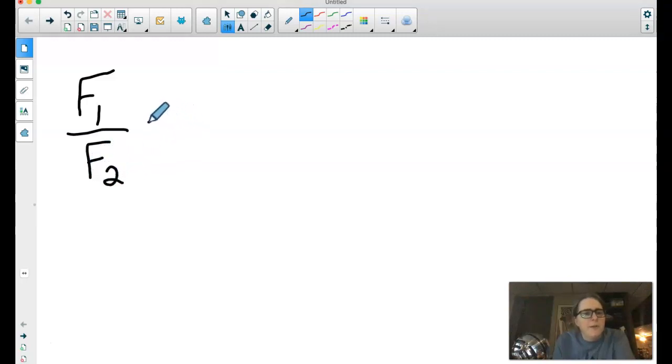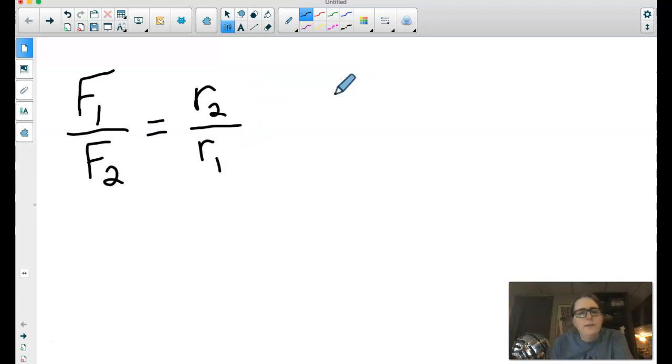So if you have two objects, the ratio of force 1 over force 2, where we're talking about the force of gravity that each one exerts on the seesaw, is equal to the opposite ratio of the distances each one is from the center. So the distance object 2 is from the center over the distance object 1 is from the center.